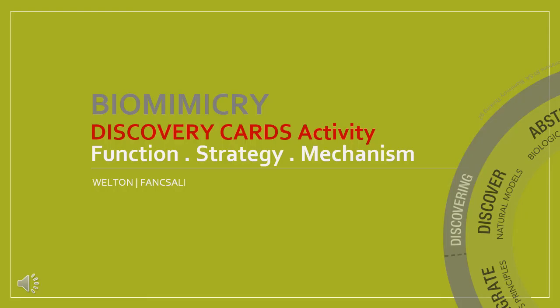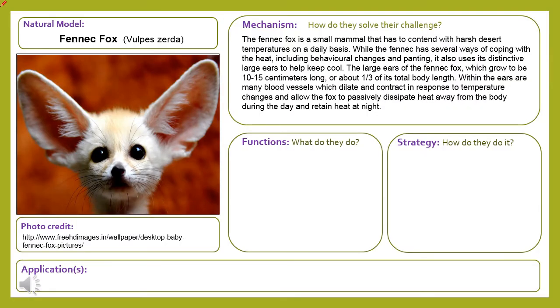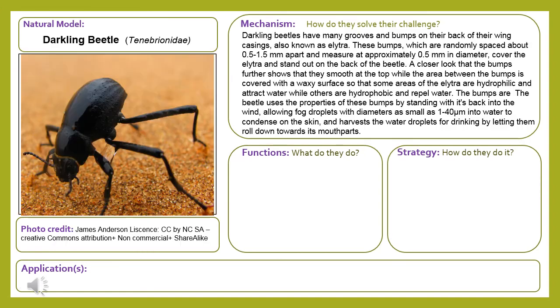So to wrap this all up, we're going to do an activity to give you some more practice breaking down biological information into its functions and strategies. For this activity, you will choose an organism discovery card to fill in. Here are the cards you can choose from. You could choose the fennec fox. The mechanism is all filled out for you. You just need to find the functions and the strategy and applications.